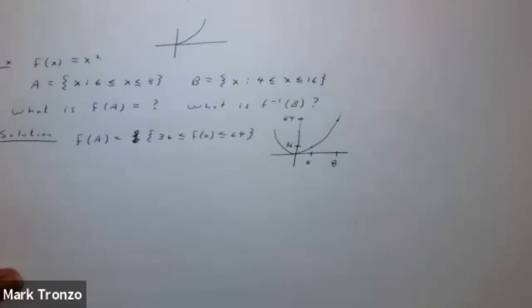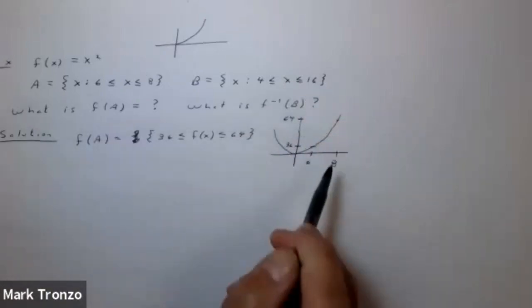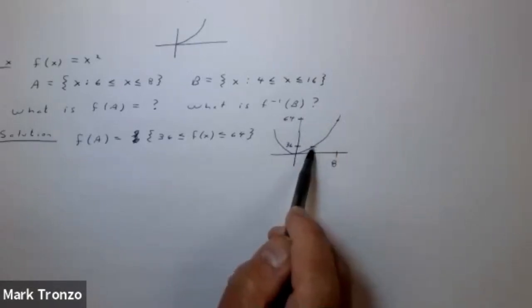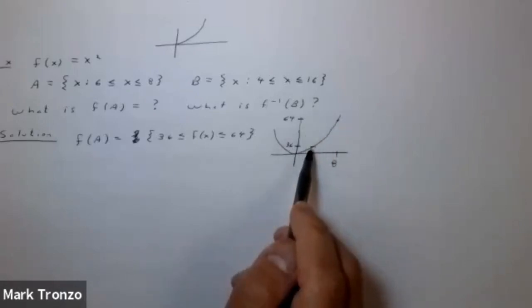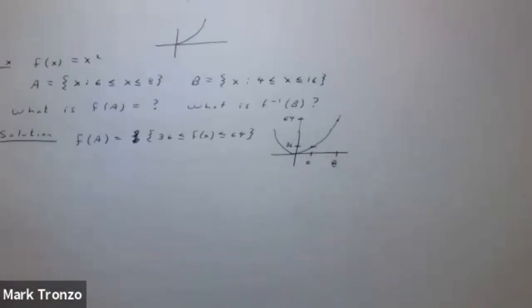Since it's a continuous function, and it's also increasing, always increasing, if we have 36 here and 64 here, we're going to get everything in between.